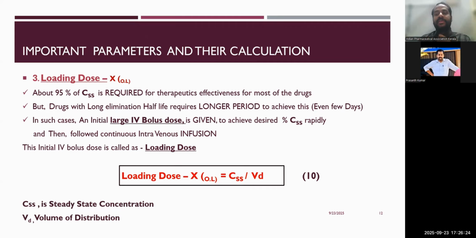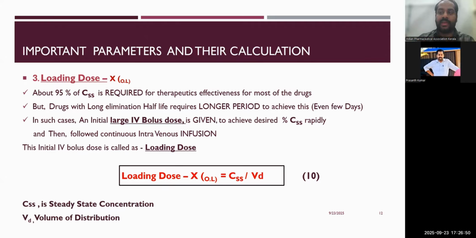So in such cases, what we will do is administer a large IV bolus dose. You note this, it is an IV bolus dose, not an oral dose. It is given initially in order to achieve the CSS percentage rapidly. It won't take as many days.